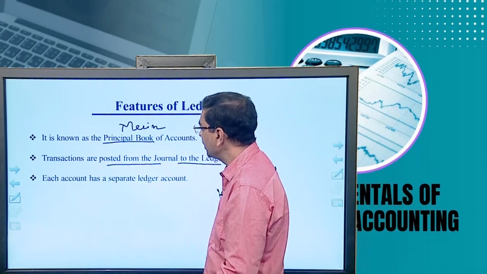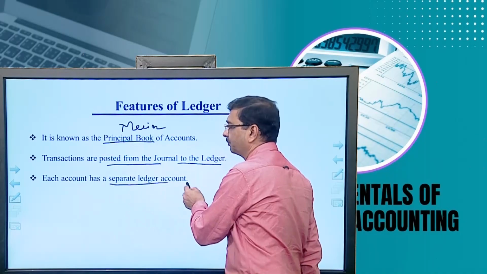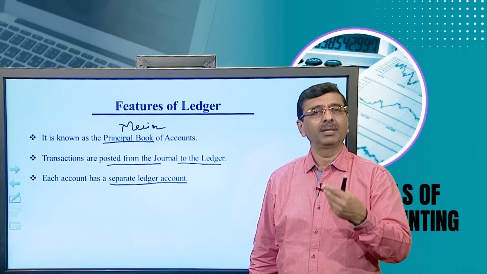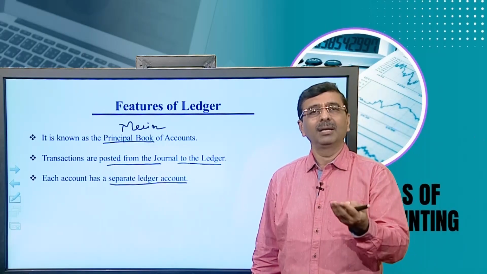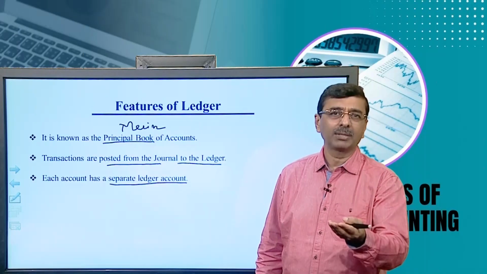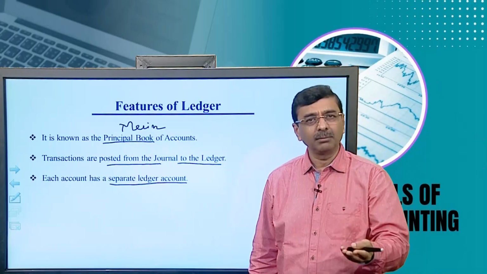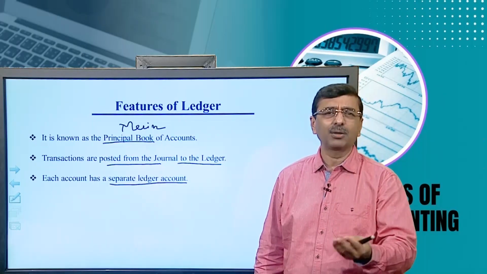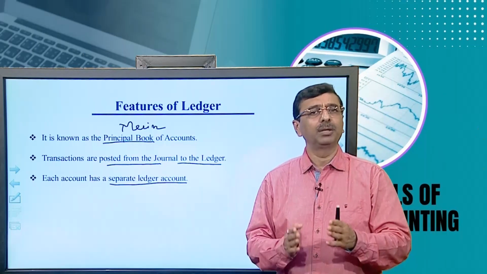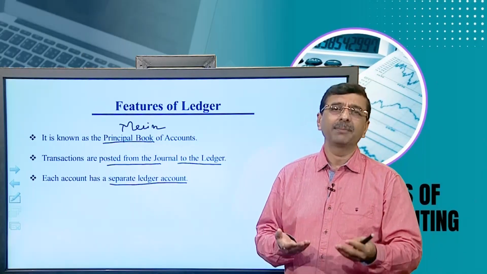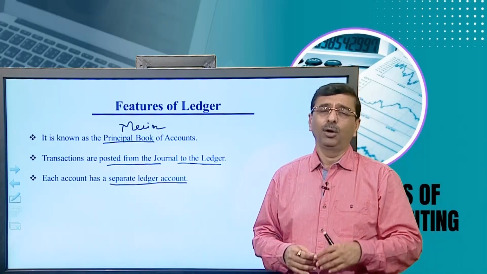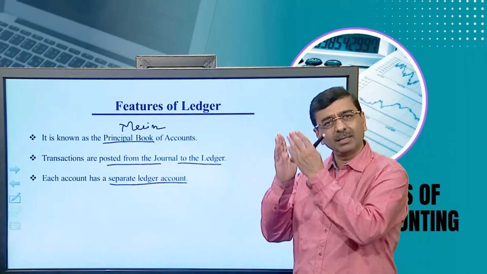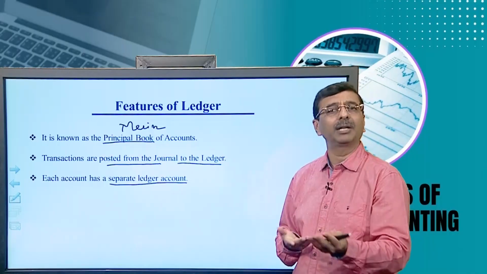The next is that each account has a separate ledger account. If you talk about persons, whether live or artificial, a live person like Manoj, Dinesh, Falguni, XYZ, any such account has to be prepared in this ledger book. Non-live ones like HDFC Bank, State Bank of India, or any institutions where you have transactions, those accounts will also be prepared, artificial accounts.